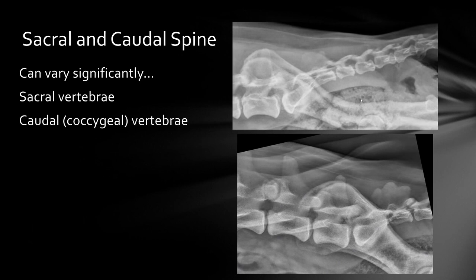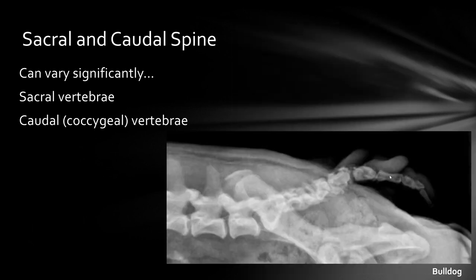But what is probably more notable is that with the increase in popularity of bulldogs and other brachycephalic breeds, we do see a lot of screw tail malformations, sacrococcygeal malformations, as incidental findings. Or can they be significant? Question mark. But we see many, many more animals these days where the sacrum and tail look like this than we used to in the olden days.